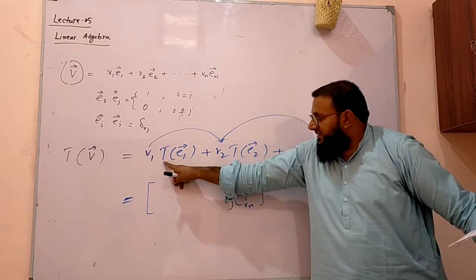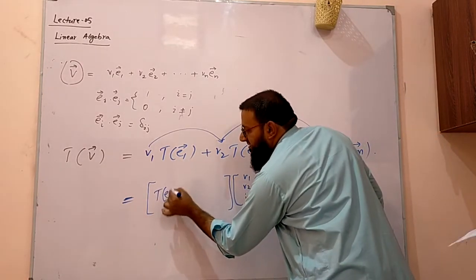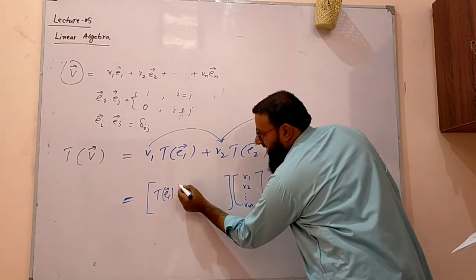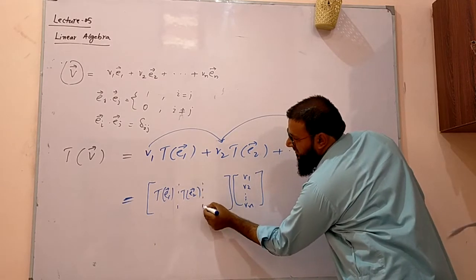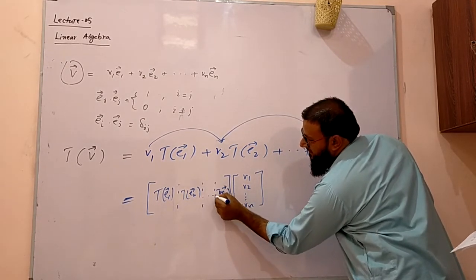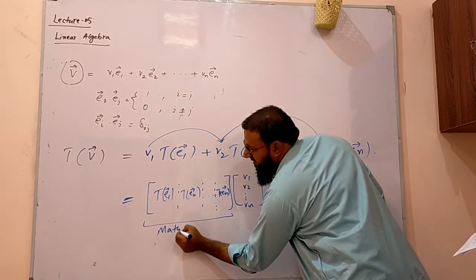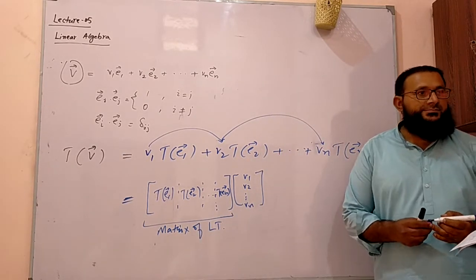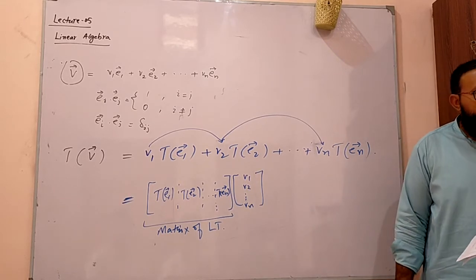Now T of e1 is going to be the first column of your matrix, and T of e2 would be the second column, and so on. And this is what we call the standard matrix of linear transformation.